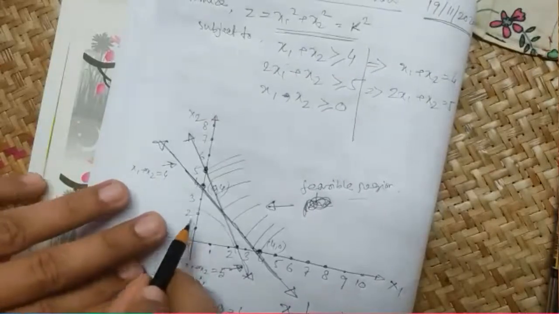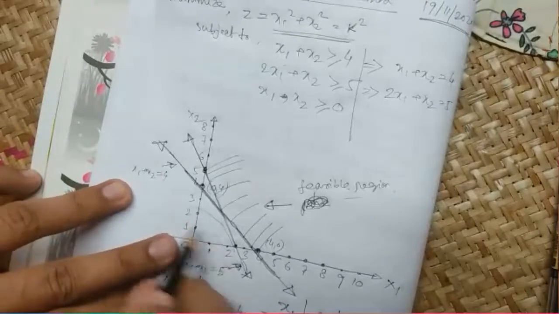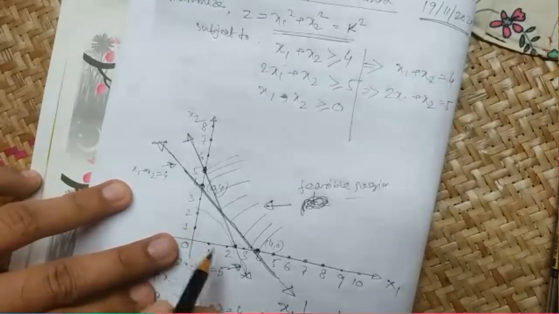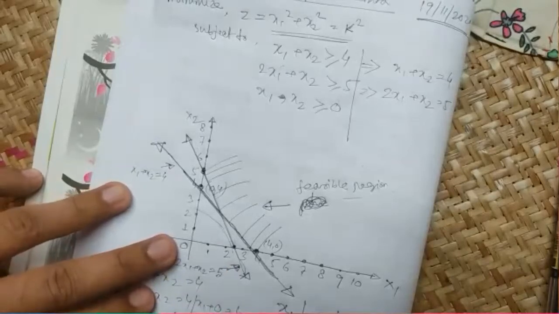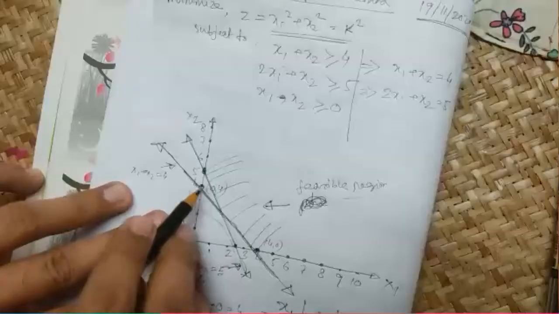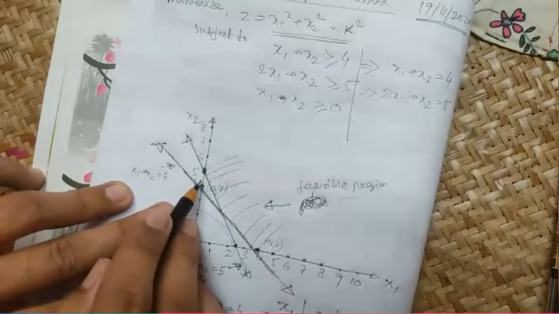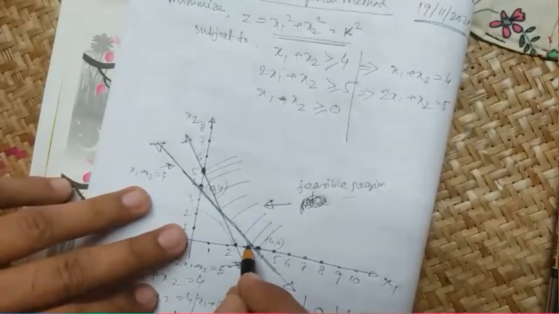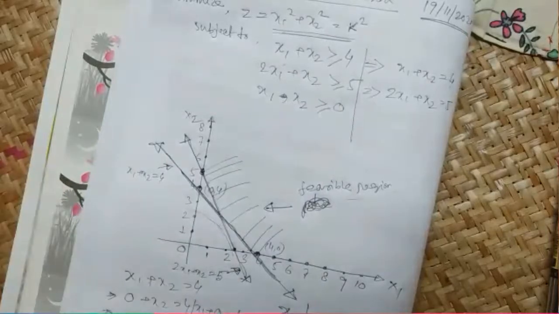So the radius of this circle is to be increased in such a way that the circle touches the feasible region. Now when we increase it, the circle might touch the second constraint, or the first constraint line, or the intersection of the lines. So let us check.